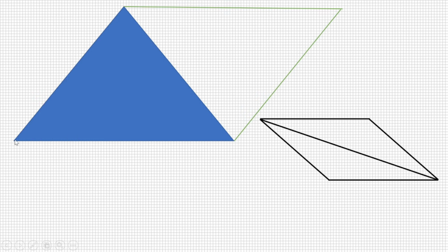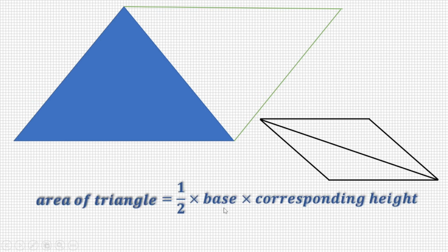The area is going to be base into this height. So what will be the area of this triangle? That is going to be half into base into corresponding height. So the area of a triangle is half into base into corresponding height.